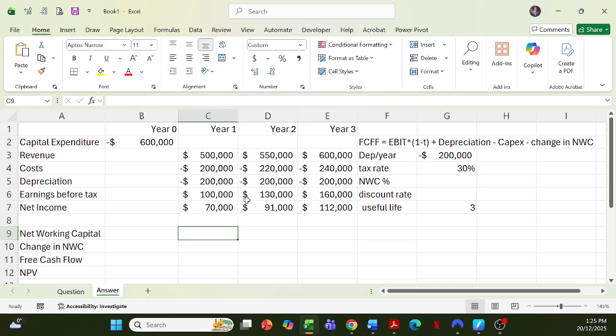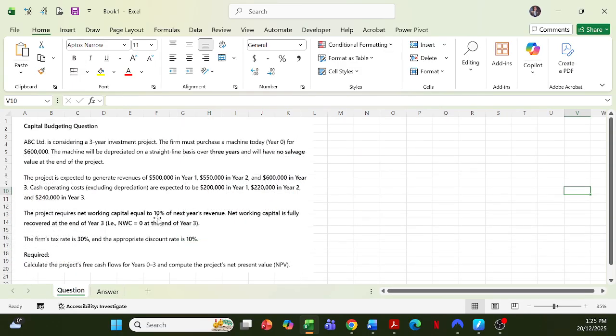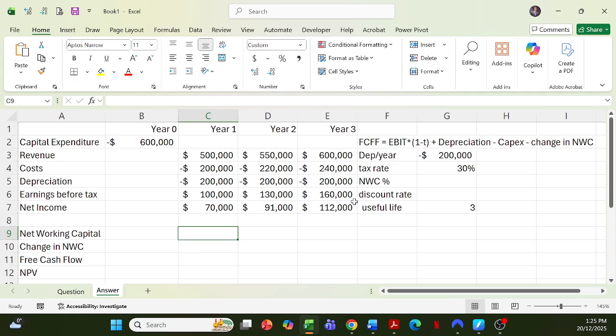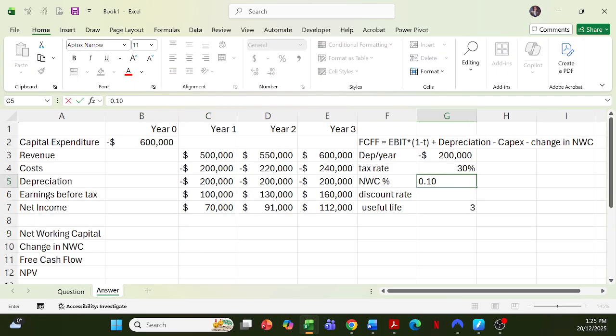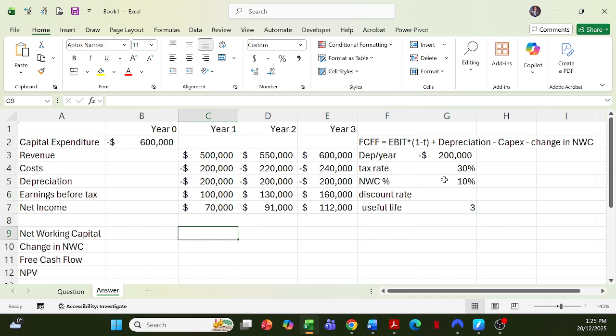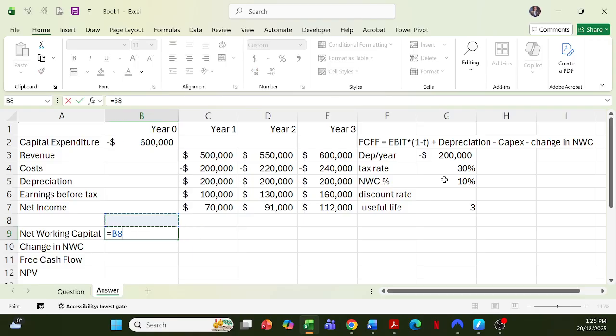Let's calculate the net working capital. Okay, the question says the net working capital is going to be equal to 10% of the next year's revenue. So I'm going to put 10% here. For year zero, we're going to do 10% multiplied with next year's revenue, which is 500K.